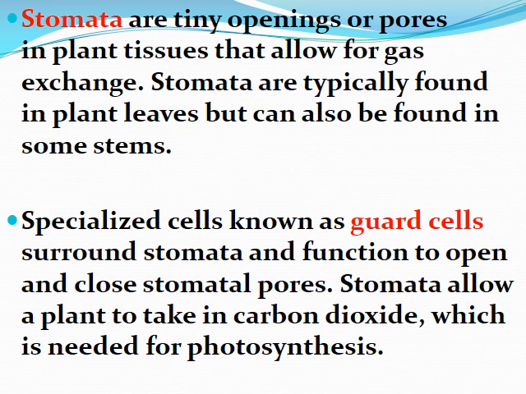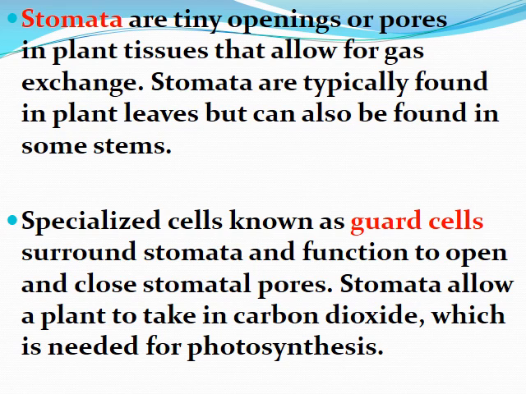Stomata, what are the stomata? The stomata are tiny openings or pores in plant tissue that allow for gas exchange. Stomata are typically found in plant leaves but can also be found in some stems. Specialized cells known as guard cells surround stomata and function to open and close stomata pores.